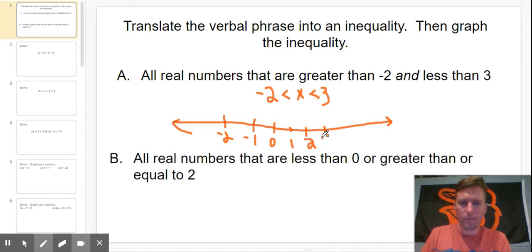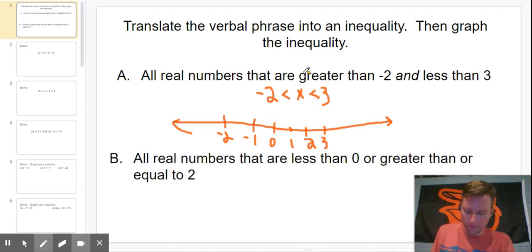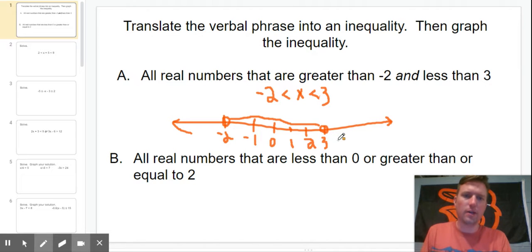Because x is greater than -2 and less than 3, I would do an open circle on -2, an open circle on the 3, and I would draw my line to connect the two. So what I just did is graph this compound inequality.